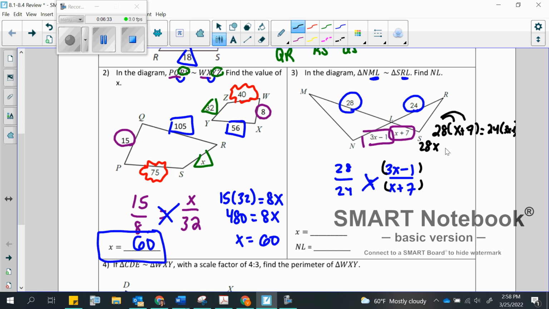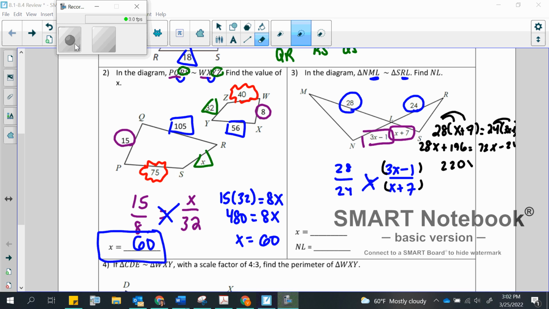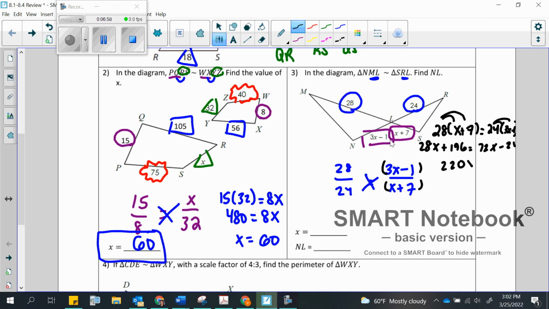So 28x plus 196 equals 72x minus 24. And if you solve this, you'll get 220 equals 44x, so x would equal 5.